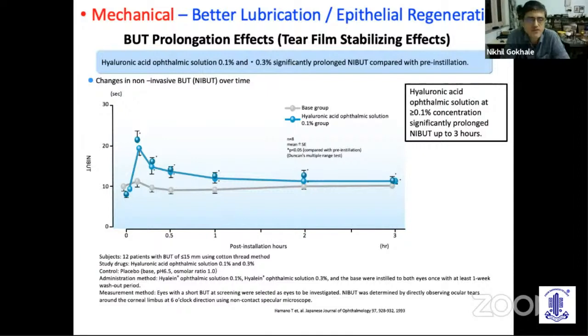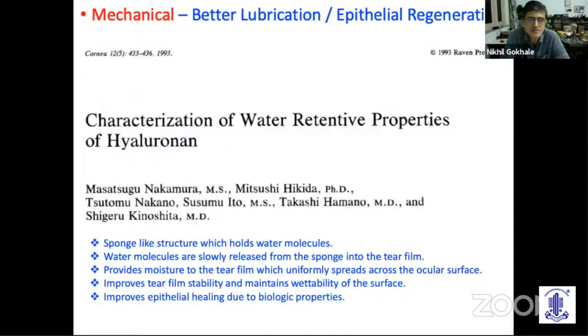When we look at some of the properties of sodium hyaluronate, basically it's a sponge-like structure which has a high affinity for water molecules. So it's a sponge which holds the water together, and it releases the water slowly into the tear film. So it's like a slow release mechanism which keeps moisturizing the tear film for maybe 3 or 4 hours following instillation.